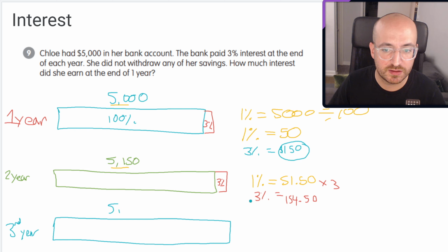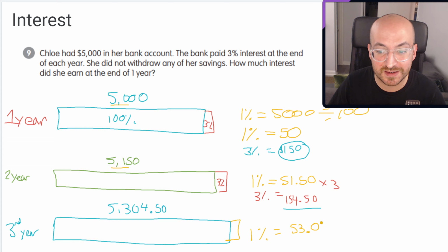Ooh, we add that plus an extra 154, right? 300, $4.50. 1% of that would be $53 and 5 cents, I'm going to round up. 3% would be even more. So it would keep growing.